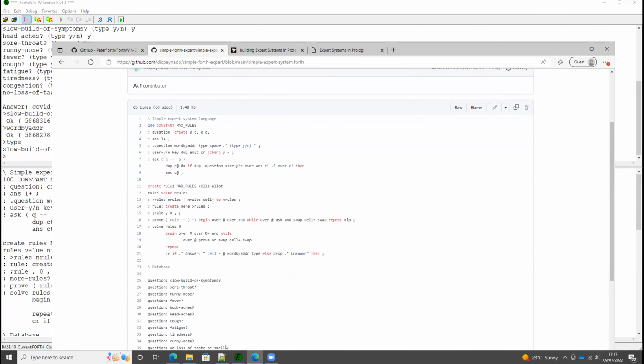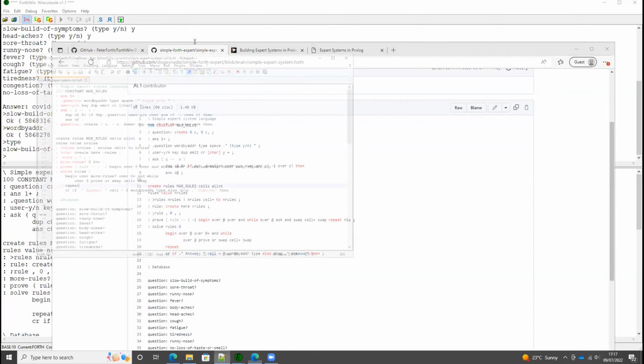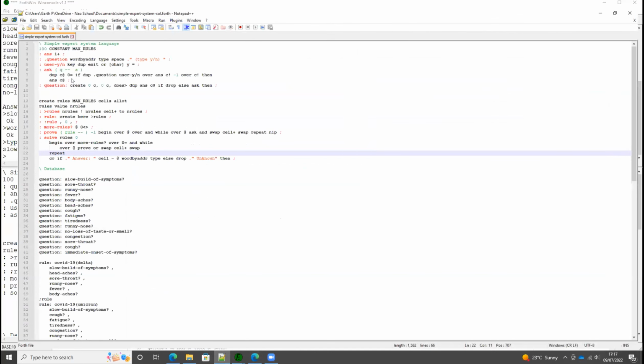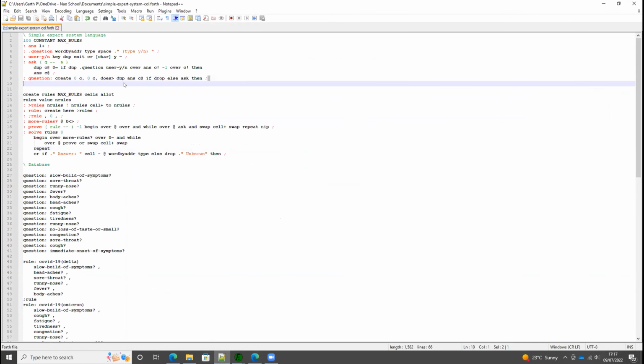So what I would do instead is I would make a question able to ask itself, which is what I'm experimenting here. So questions ask themselves, and all a rule would be is a colon definition, you know, rule Q1, Q2, Q3, and let Forth iterate through that list. This should simplify the program and make it easier to run on more devices. So stay tuned, because that's something I might attempt doing. And at this point, I'll open to questions.